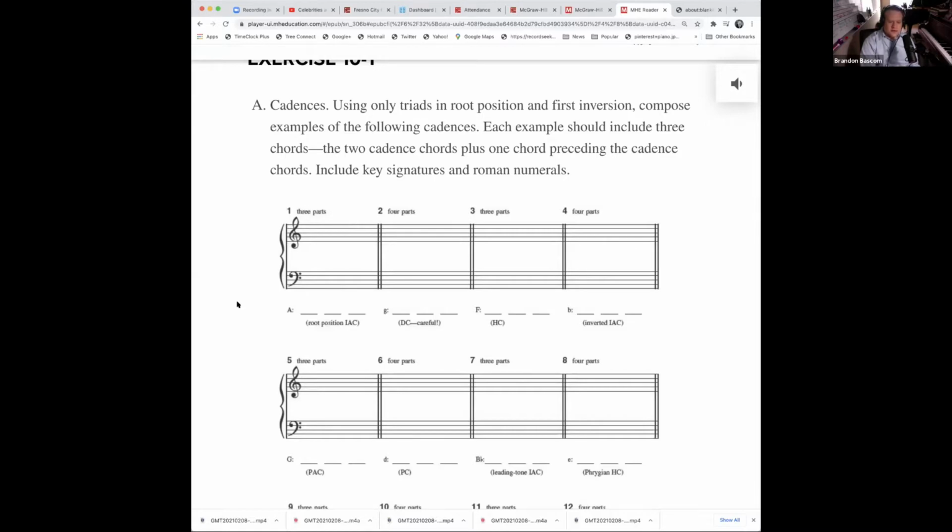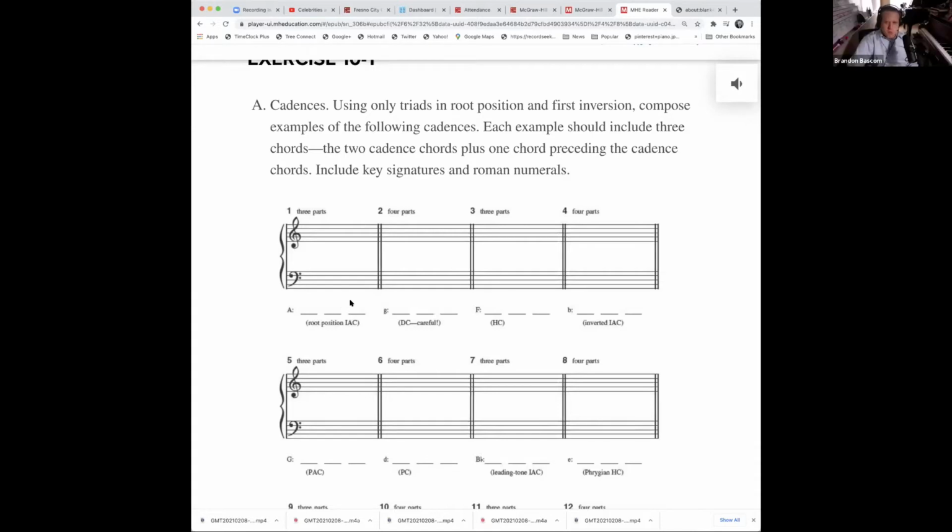I had a private student last night using the Canadian books, and we got something like this. Okay, root position IAC. What do we need to have? Melody, or the tonic is not in the melody.